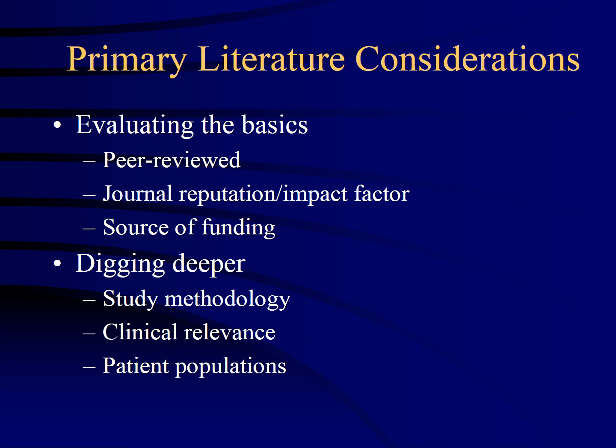In some cases, this may be considered a source of bias because, again, the author is paying to have their article published. Once you locate the primary literature, you are going to need to dig deeper. You're going to need to review the study methodology, the clinical relevance of the article and its results, and the patient populations that were studied.